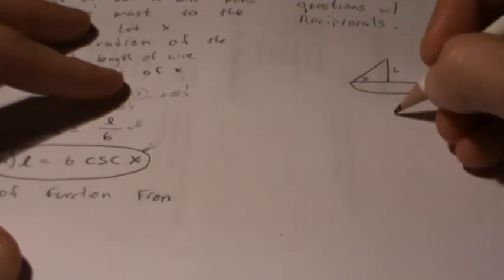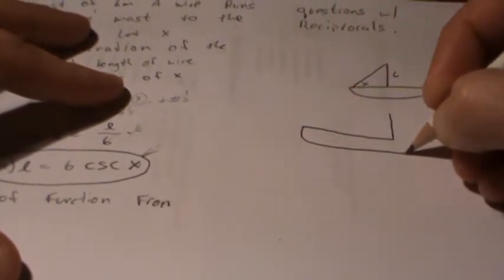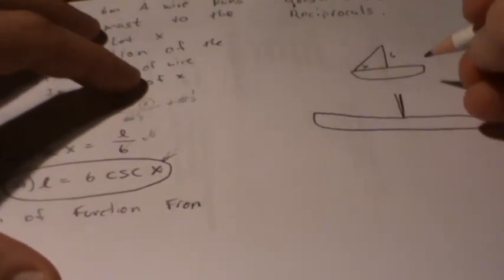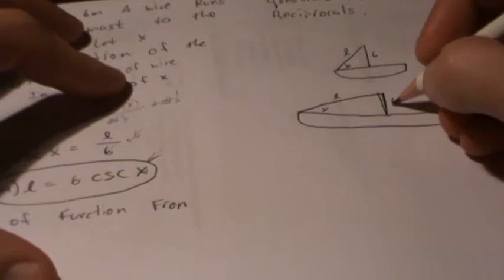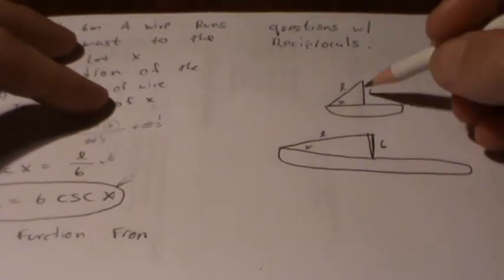It's a short boat. What if I've got a really long boat? I kind of messed up that drawing, but notice my wire gets a lot longer and my angle gets a lot shorter. These are the situations.